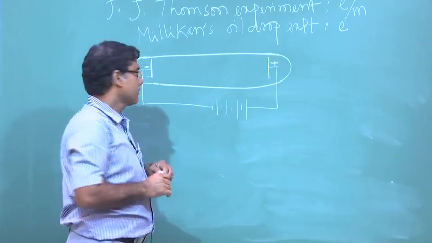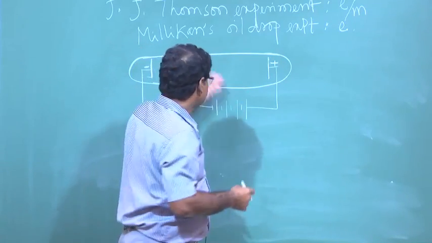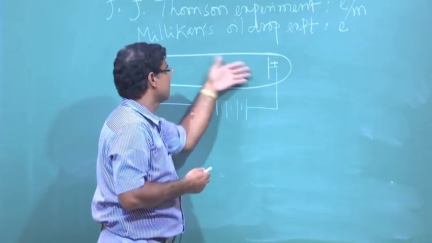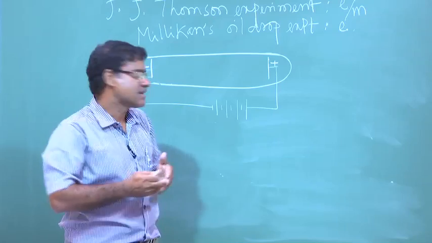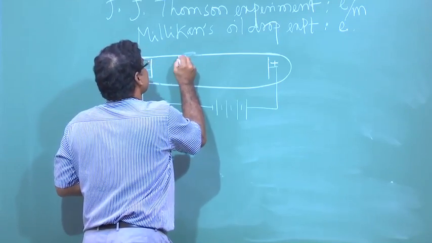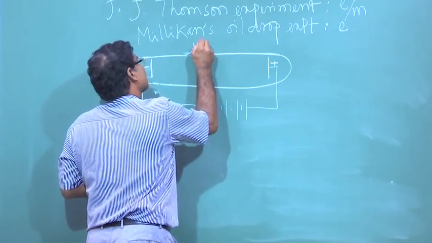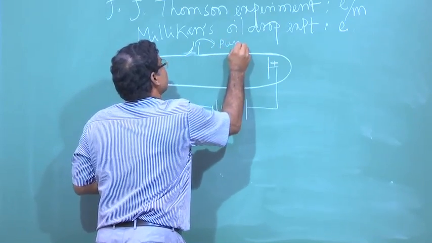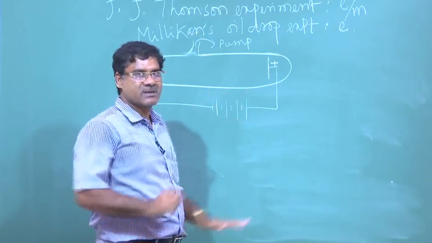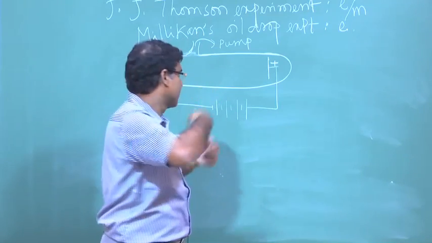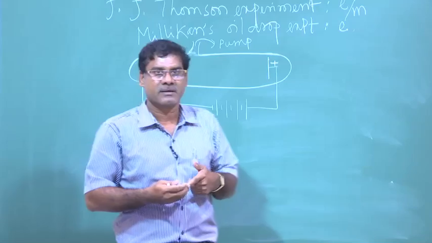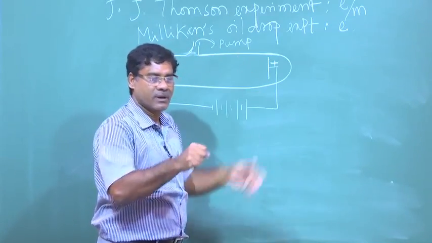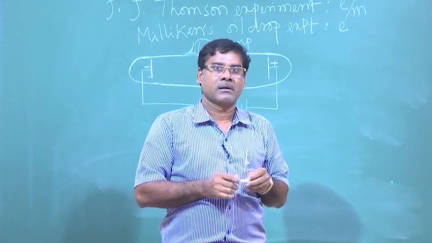Now, if the pressure of this tube is decreased, that means it is evacuated, there should be a pumping arrangement, a pump attached to this tube to pump out the gas from inside. We first evacuate and then also control the gas.